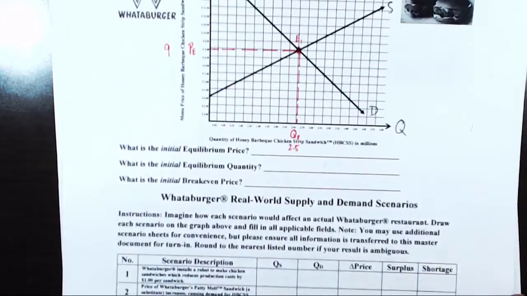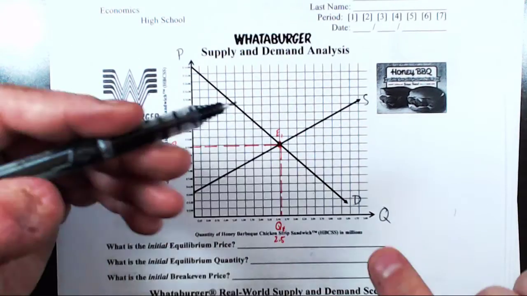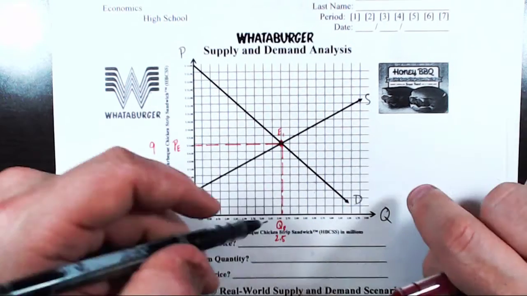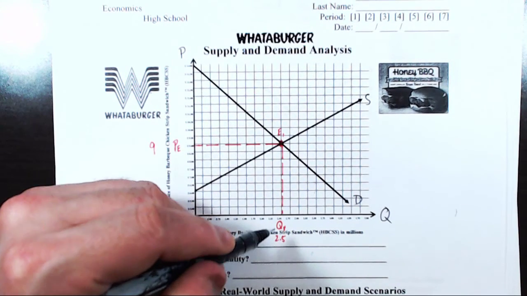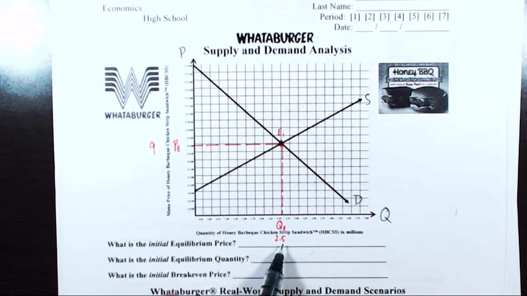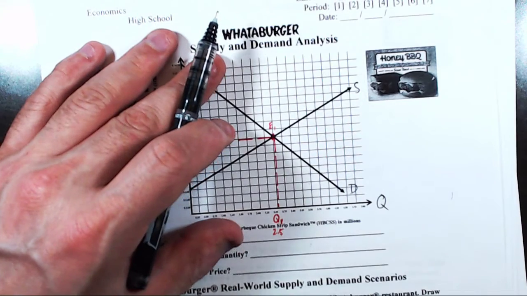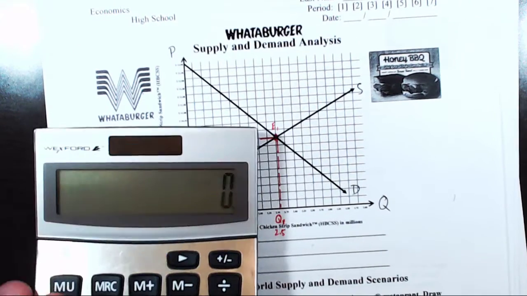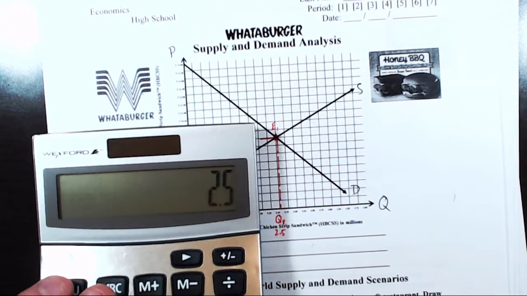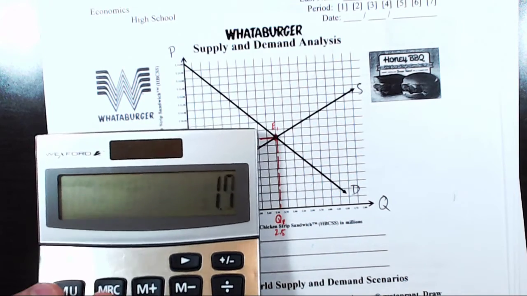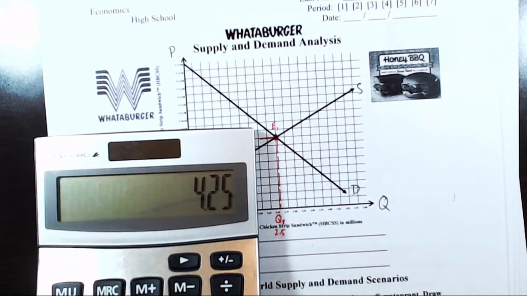So here's how you actually model this. If you don't really know quite what to do, start here. Go to the quantity that you know, 2.5 million, and increase it by 1.75 million. So if you didn't know what that was equal to, you would say 2.5 plus 1.75 equals 4.25 million.